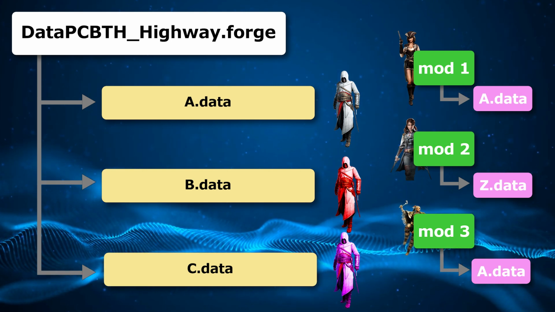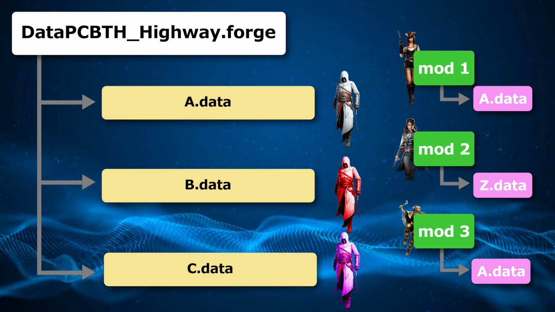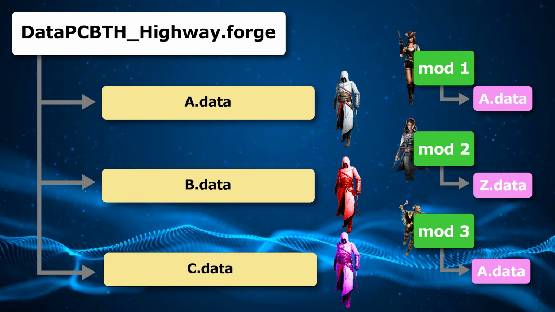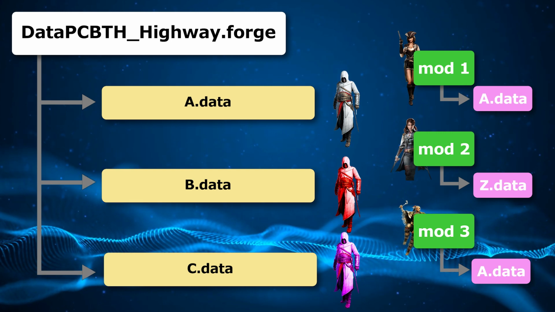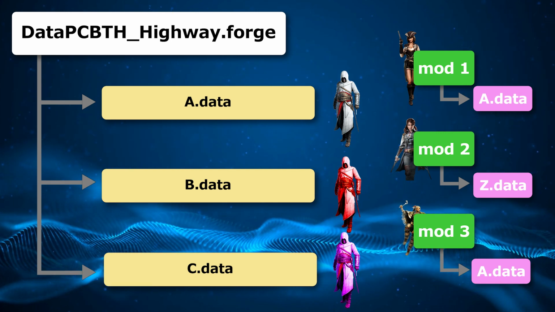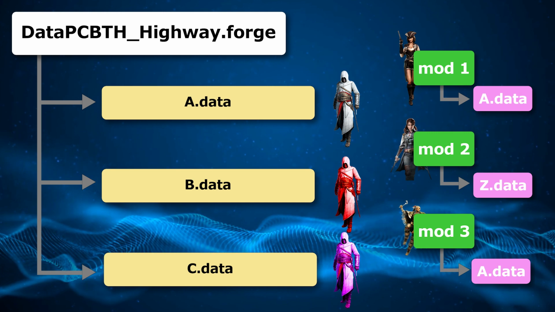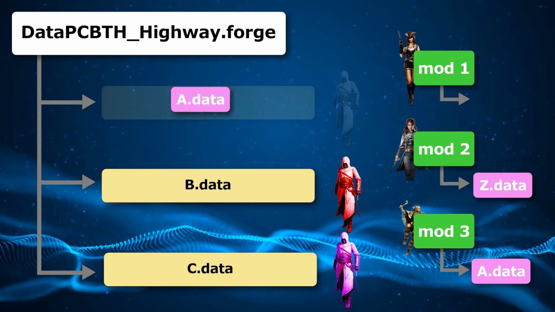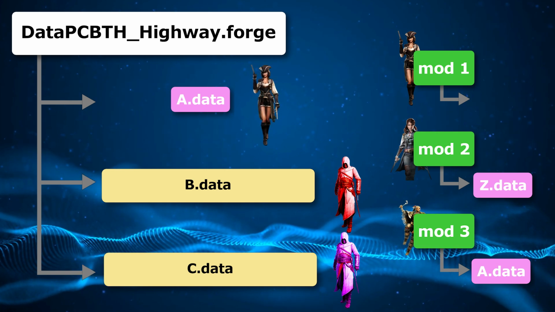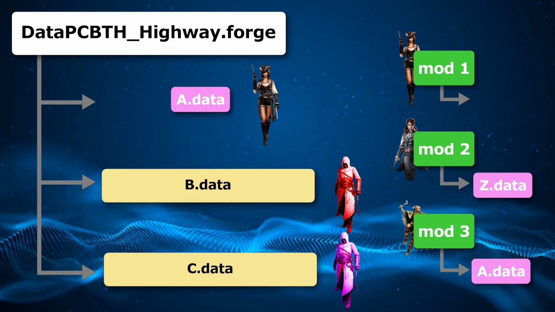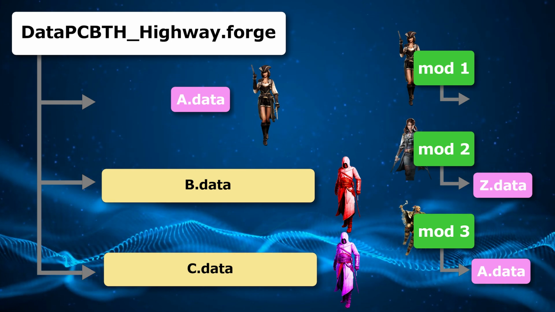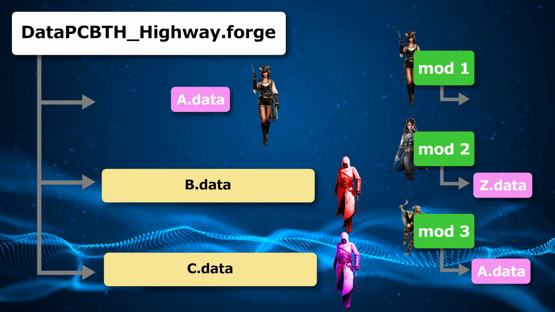So now we are going to take mod 1 and place its data file A into the forge file and actually replace the original vanilla data file A like this. So now when you go in game and you select outfit A, it will actually show you the modded version of outfit A since you've replaced it.